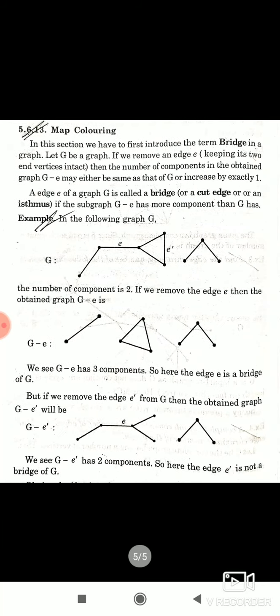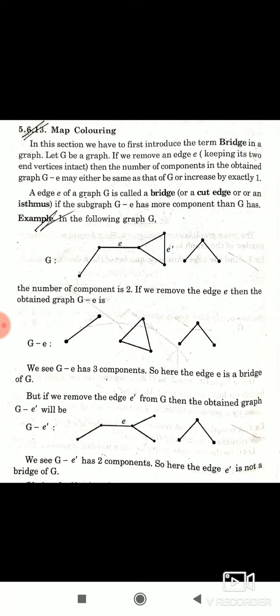Okay. Now we discuss map coloring. In this section, we first have to introduce the term bridge in a graph. Let G be a graph.